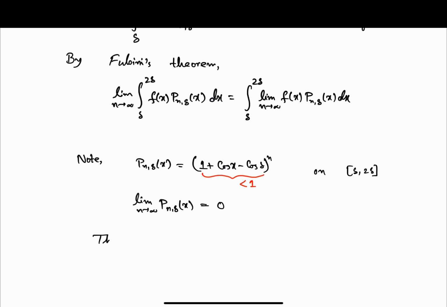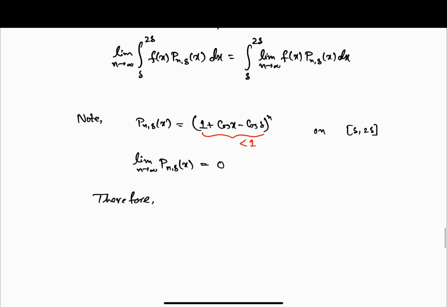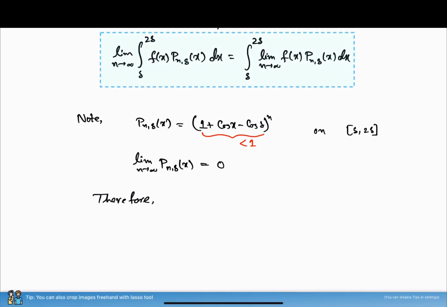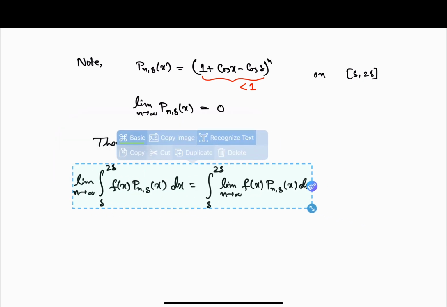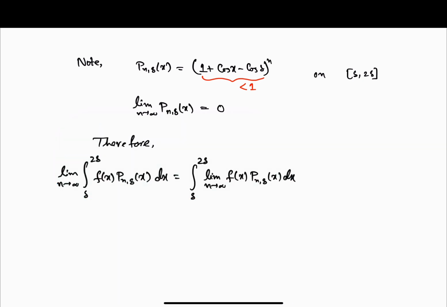So this is the integral from delta to 2 delta of f(x) times the limit of p_n,delta(x) dx, and the limit of this quantity is 0, so overall we get 0.